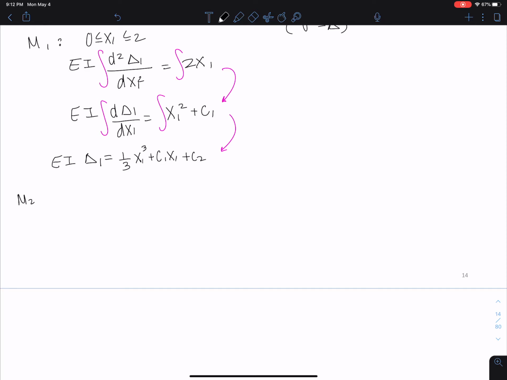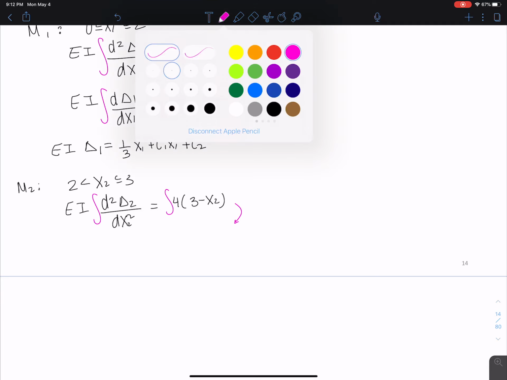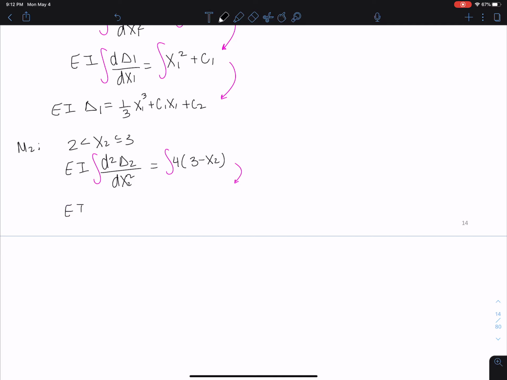And I can do the same thing for my moment 2, which is defined between 2, x2, and 3. And I have EI d squared delta 2 over d x2 squared is equal to my moment function. I can take the integral and I get, not d squared, d delta 2 equals 4 times (3x2 minus x2 squared over 2).